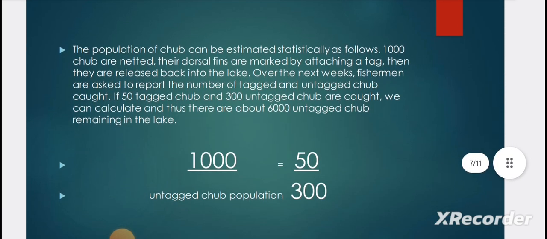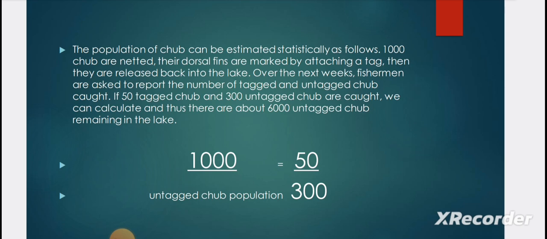Here, the chub population can be estimated statistically as follows. Consider 1,000 chubs which are to be netted. Their fins are marked by attaching a tag. Then they are released back into the lake.